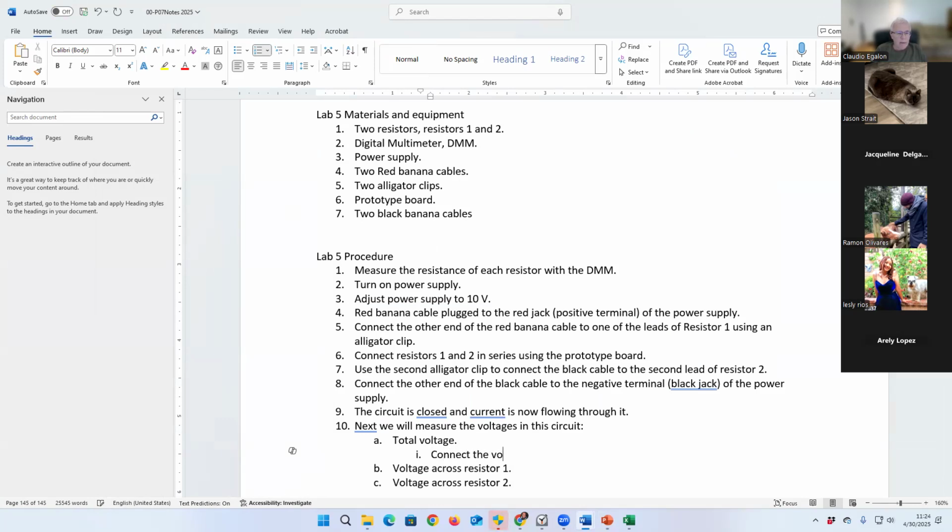Connect the voltmeter in parallel with resistors 1 and 2, right?